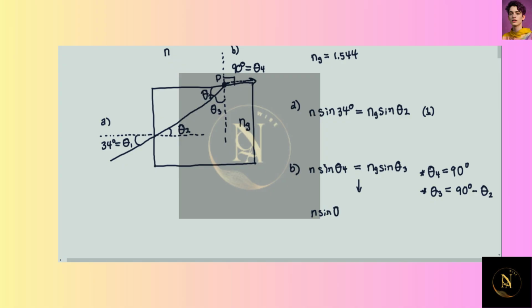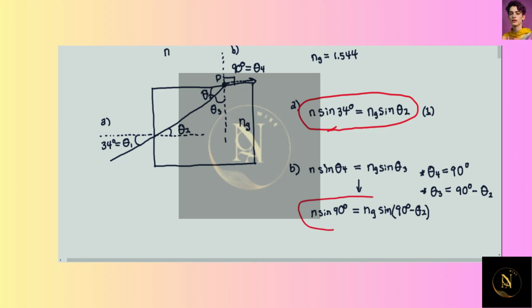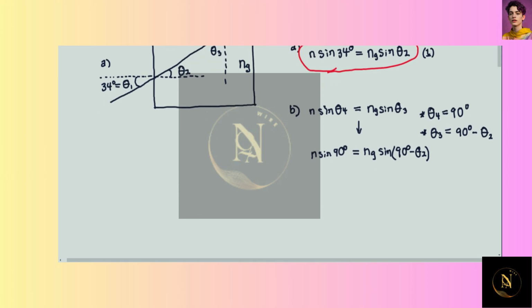Sine theta 4 would actually be sine 90 degrees, so n sine 90 degrees is equal to Ng sine of 90 degrees minus theta 2. Wait, hold on. Let's not circle that just yet, because we could simplify this even further.